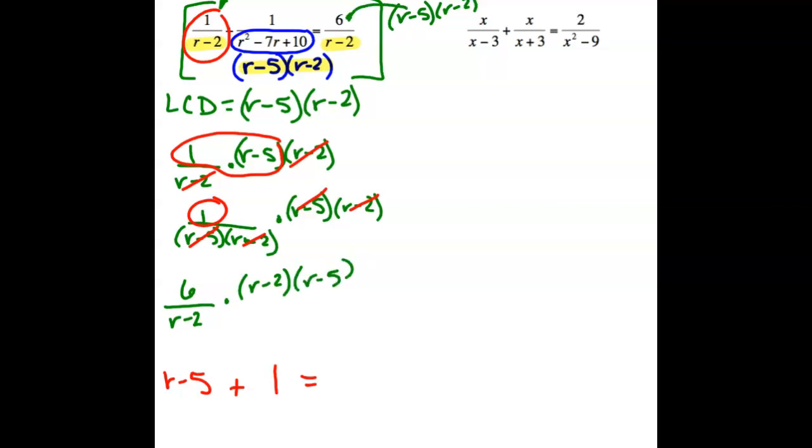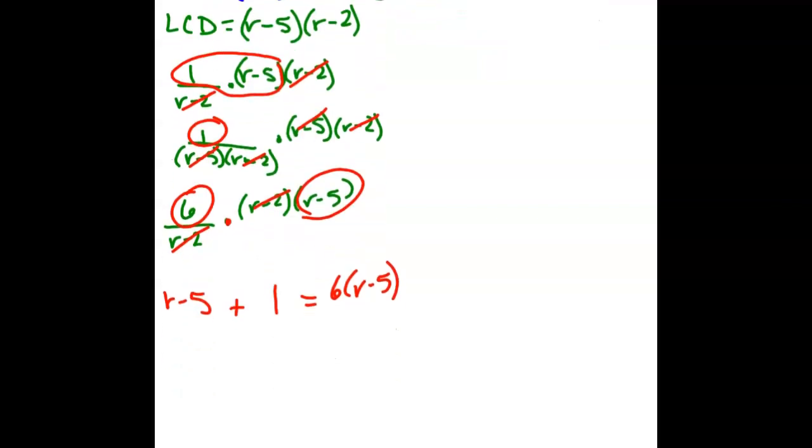And this time the r minus 2's drop out, and we're left with 6 times r minus 5. Okay, let's simplify now. We don't have fractions anymore. So r minus 5 plus 1 would just be r minus 4. On the other side, if we distribute that 6, we get 6r minus 30.